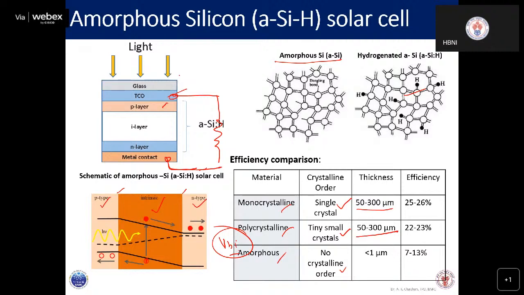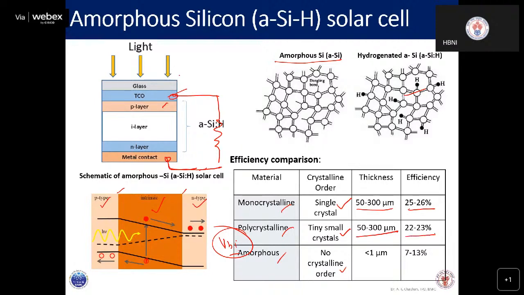The efficiency ranges from 25 to 26% for monocrystalline. And if you recall, with the Shockley-Queisser limit, the maximum efficiency which we can achieve using a silicon solar cell is around 32 to 33%. So it is very close. 26% is reasonable in that case.